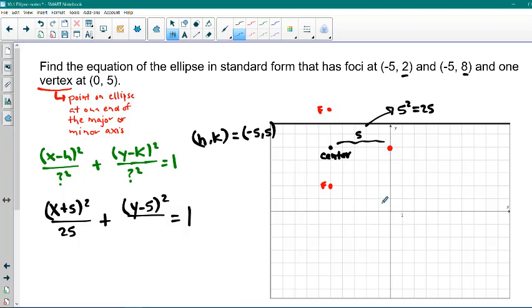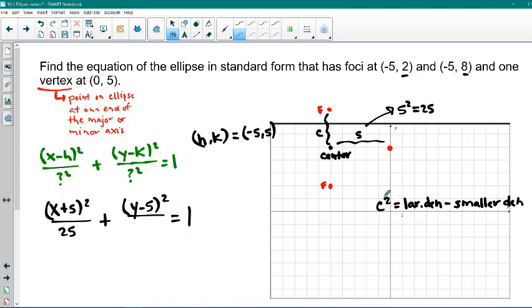And we also have this relationship that c squared, where c is the distance from the center to a focus, is equal to the larger denominator minus the smaller denominator.